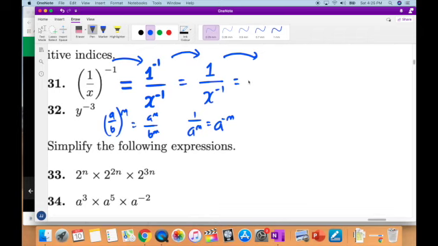Therefore, if I bring this a up, I just put a negative in front of that indice there. I could do the same thing for the x. The power of x is negative 1. So if I bring the x up here, it'll be to the power of negative 1. You all understand?